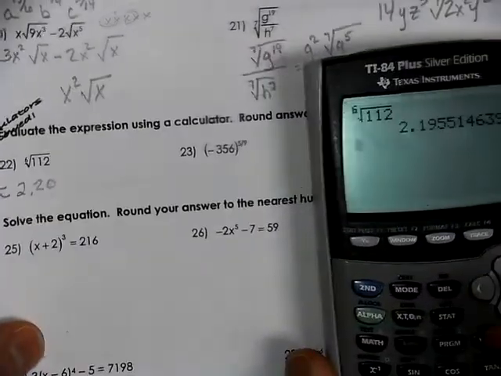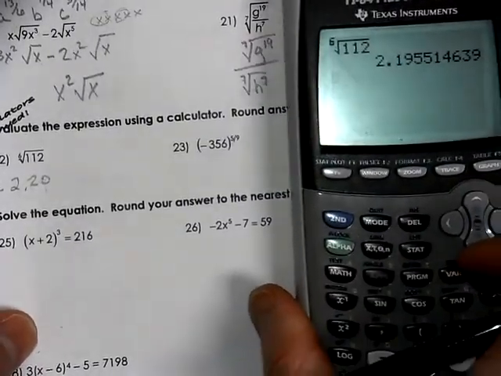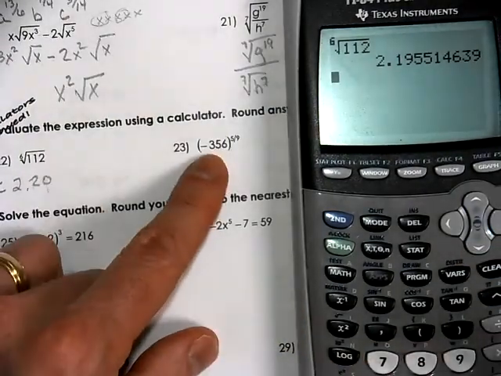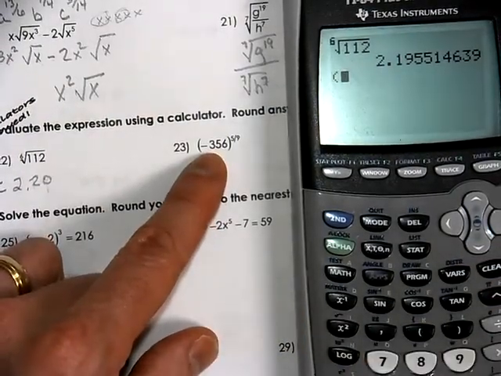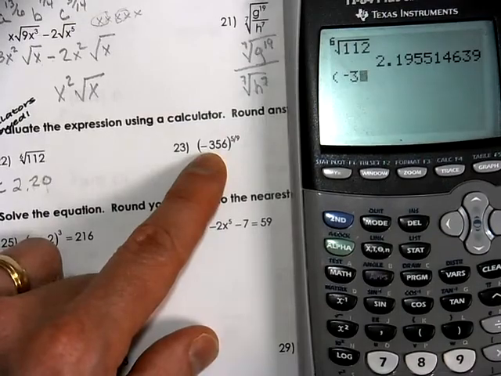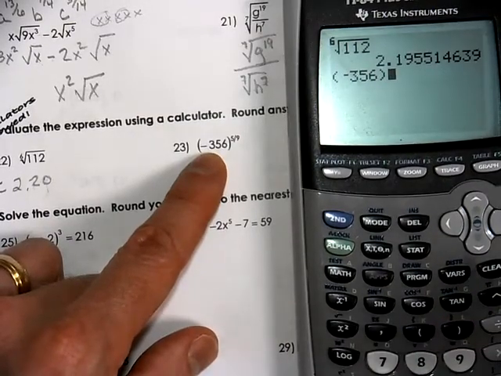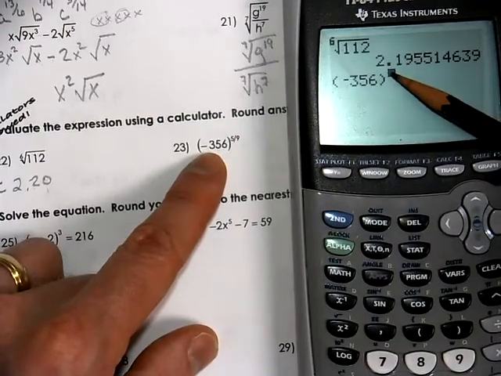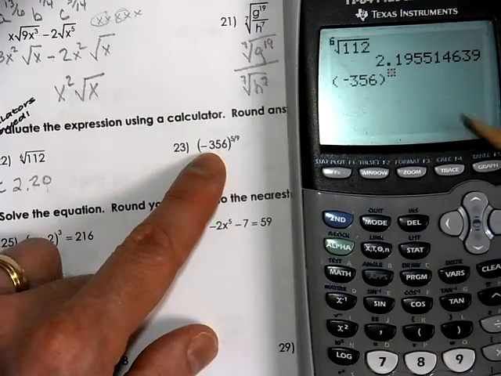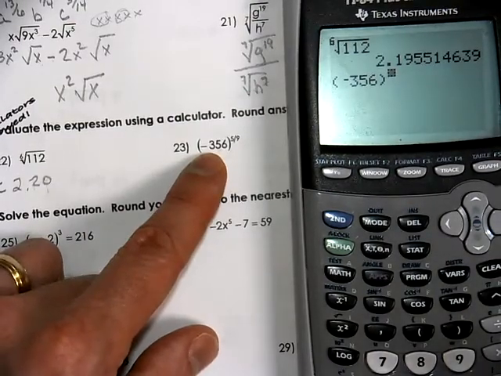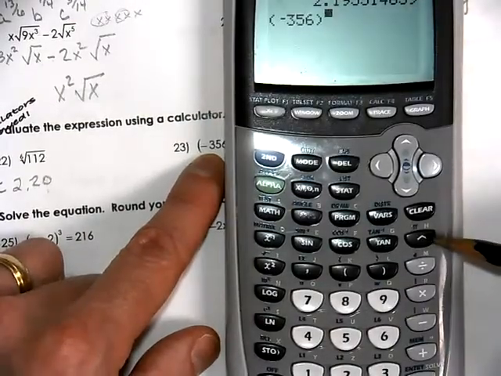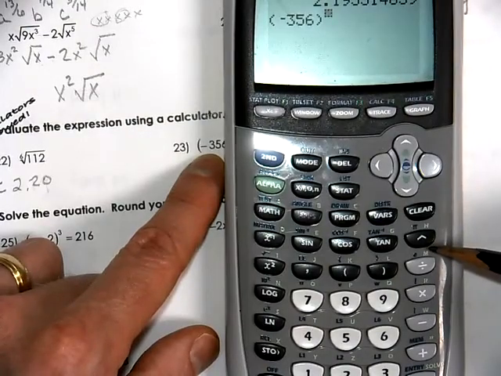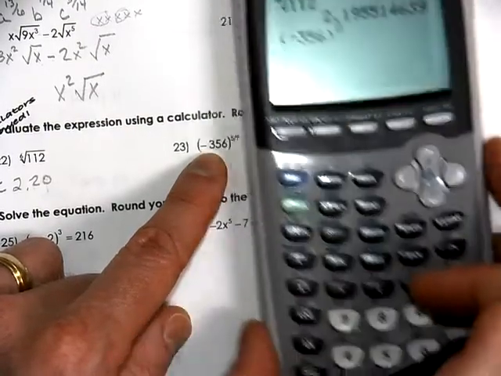Now, since we're using calculators, we couldn't break this down. We couldn't get the decimal version just by hand. So we're going to say negative 356 raised to the, and if your calculator is going to show this as a real exponent and not just the caret key, which is right above the division, that's called a caret, it does the exponent.